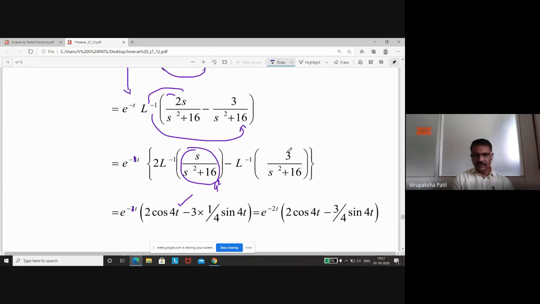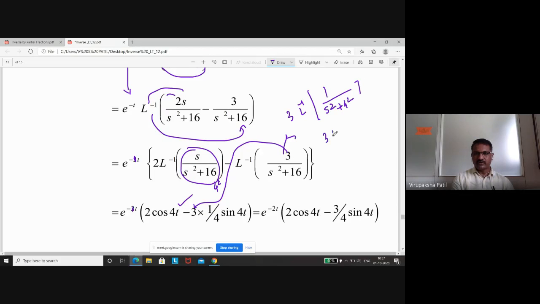Yes, sir. Okay. Now you keep this 3 as it is here. What will you be left with? 3 into 1 divided by s square plus 4 square, where a is equal to 4.